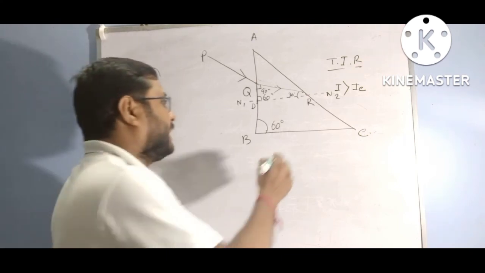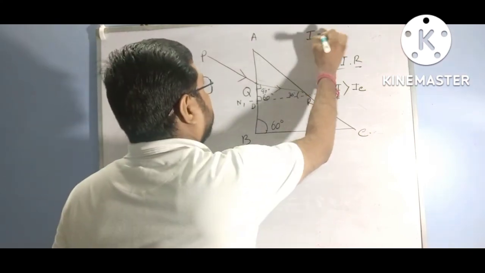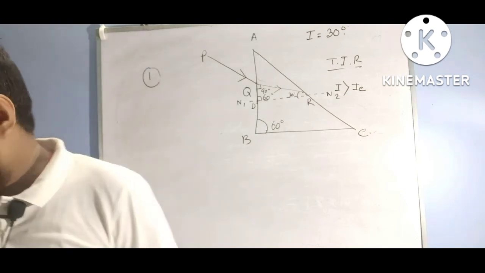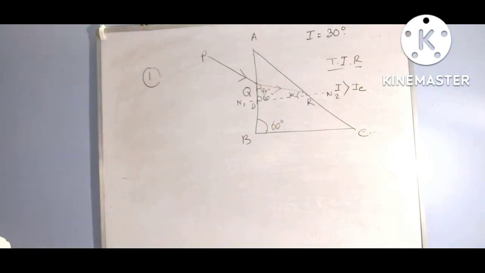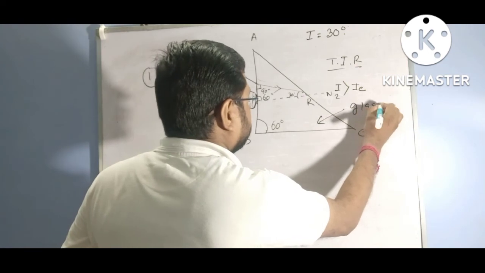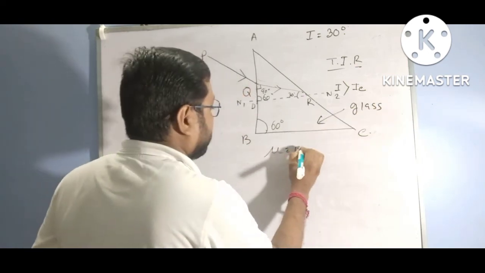Now the angle of incidence I equals 30 degree. But what is the value of IC? If this is a glass prism, for glass, mu equals 1.5.